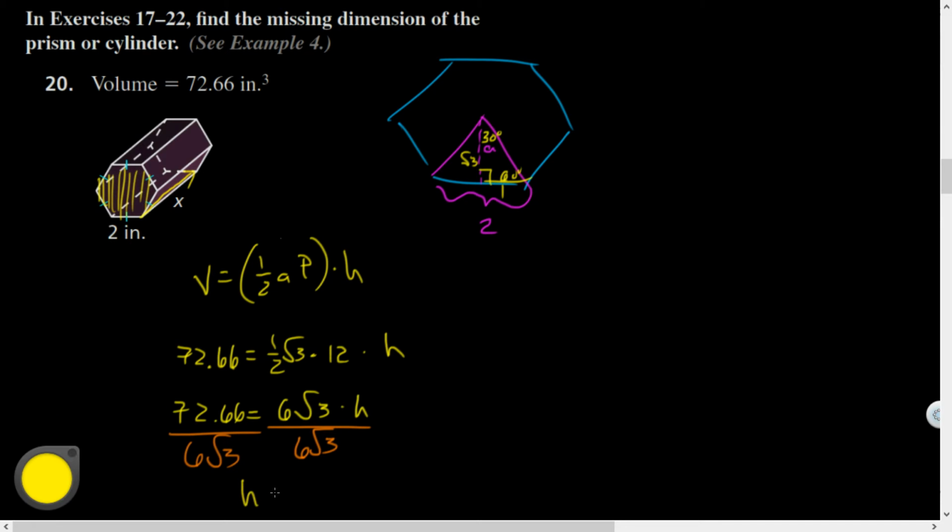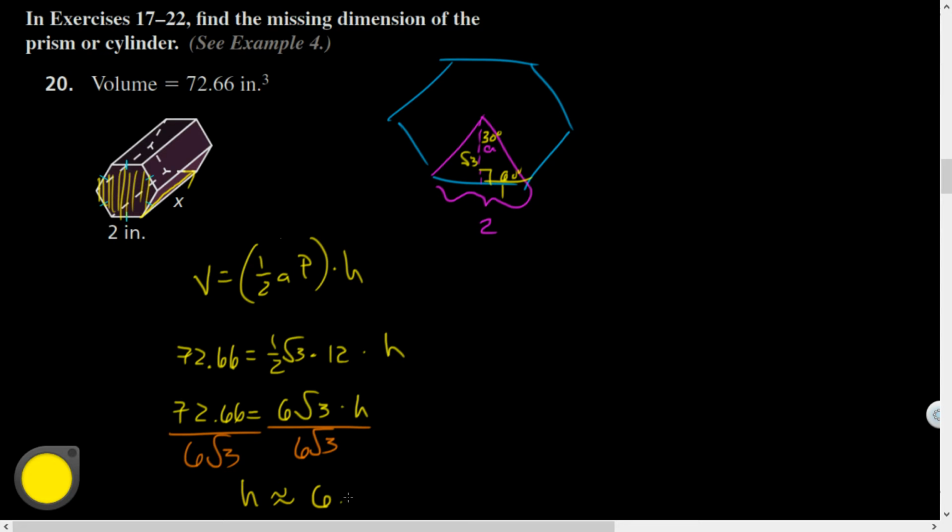And I'm going to get h is approximately 72.66 divided by 6 times the square root of 3. Did I not put enough parentheses around that? No, it was fine.